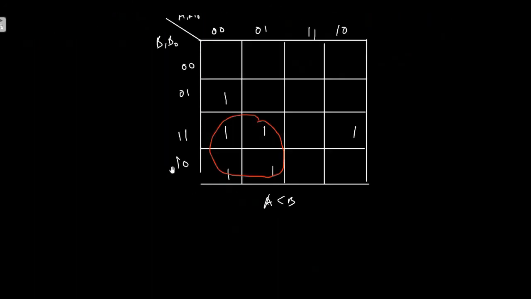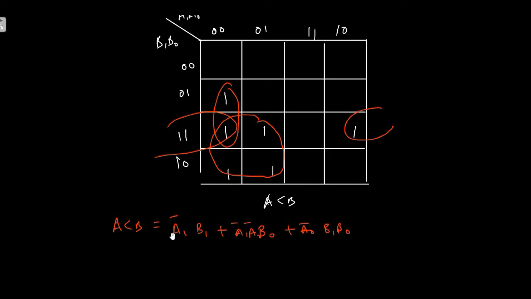Now for A less than B, the groupings are like this, and we can write A1 bar B1 plus A1 bar A0 bar B0 plus A0 bar B1 B0. So this is a simple 2-bit magnitude comparator.